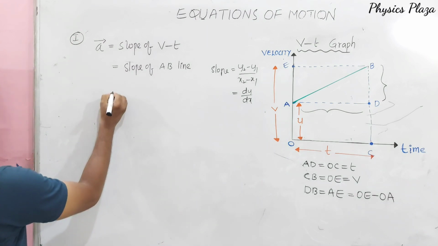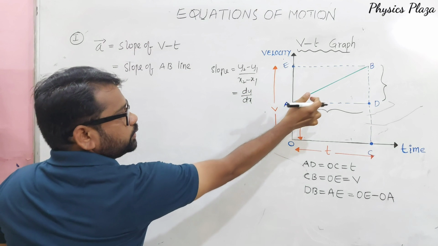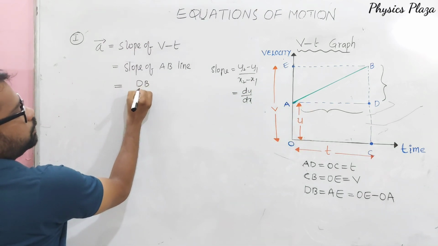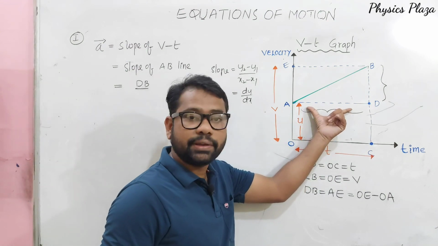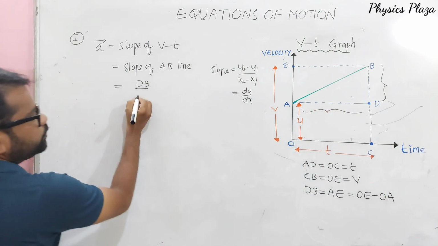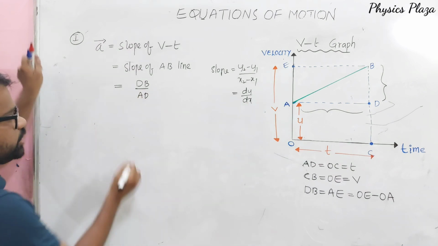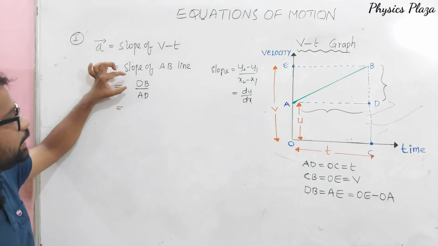Now let us write here. So slope is equal to dy, which for this velocity time graph will be dB, by dx, which will be AD. That is the change in x value. But children, look at the graph, how can we write dB?